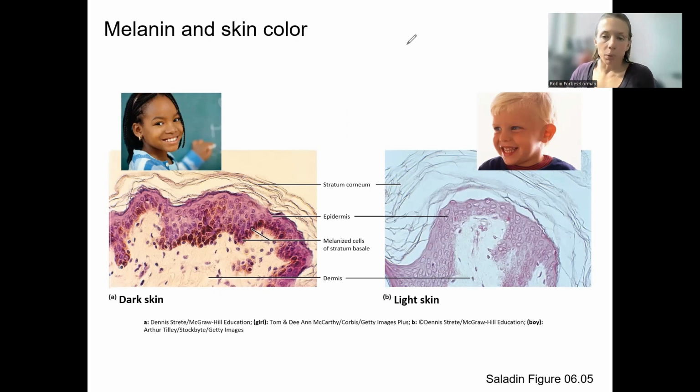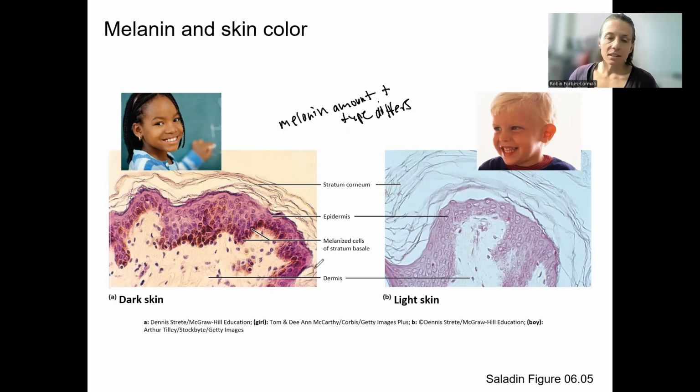In an individual with darker skin, there is a lot of melanin. The number of melanocytes actually doesn't differ between these two individuals, but it's the melanin amount and type that differs. So it's what the melanocytes do.